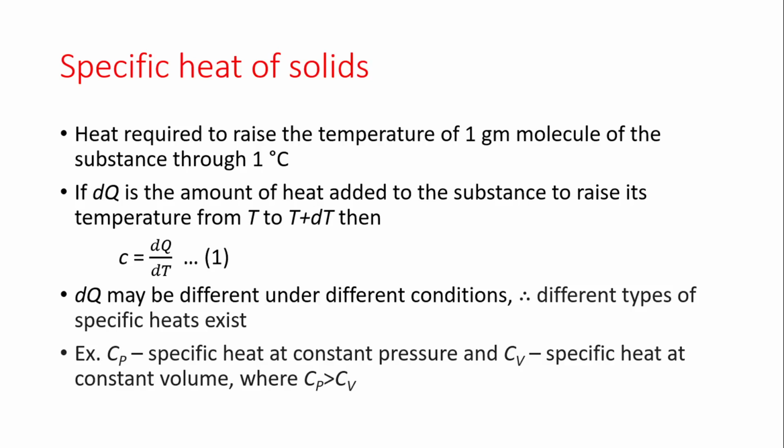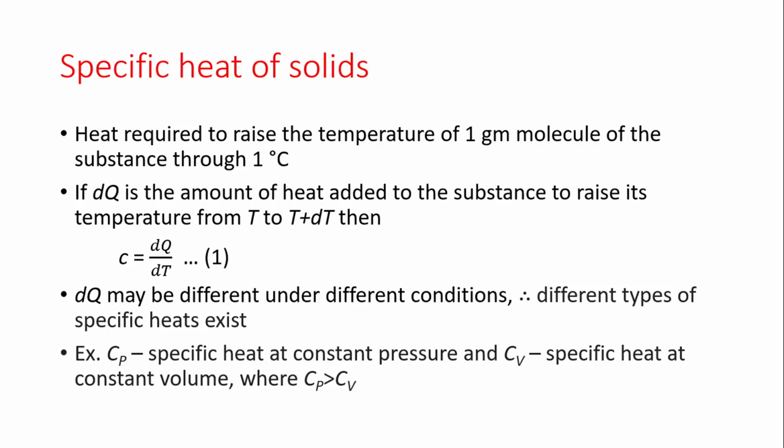That means the amount of heat required to increase the temperature of 1 gram molecule of a solid through 1 degree centigrade is called the specific heat of the solid.